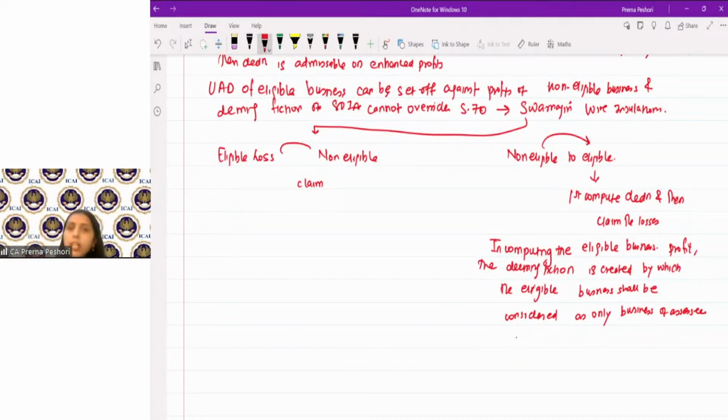But when I am computing the deduction under ATIB, I have the restriction which says that you compute the business profit as if this is the only business of the assessee. Then I cannot set off the non-eligible business loss. I will have to first compute the deduction as if the eligible business is the only business of the assessee. So first I'll compute the deduction, and if there is any profit left, then only I will claim the losses. Is it clear?